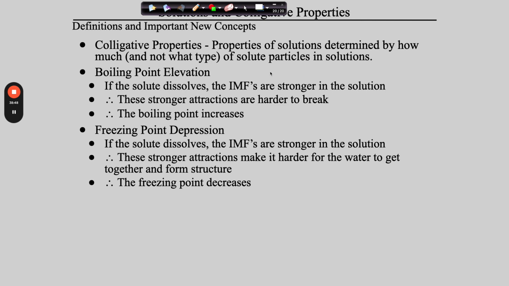The salt forms stronger intermolecular forces with the water. Those intermolecular forces are harder to break, and the boiling point goes up. And then as a bonus thought, as you see on the screen, when we add that same salt to water, it not only makes the boiling point go up, it also makes the freezing point go down.